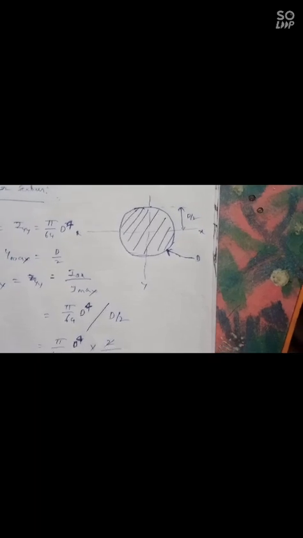You can write it as pi by 64 into d to the power of 4 into 2 by d.